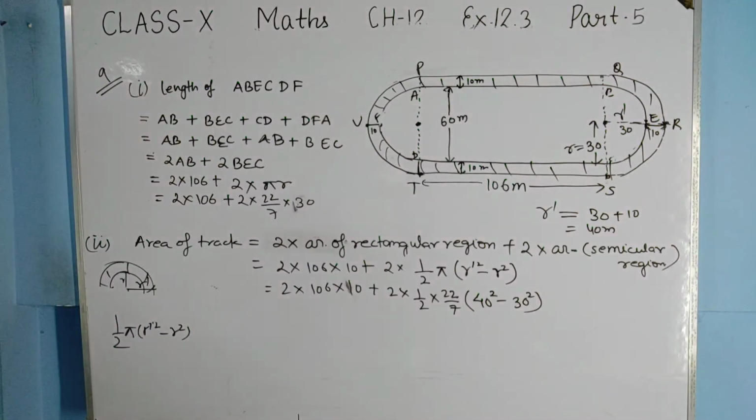Okay, by solving this expression you will get your result. So this question was a little bit typical, so I have explained it. Here also you have to simplify it so that you will get your result. So just pause the video and note it down.